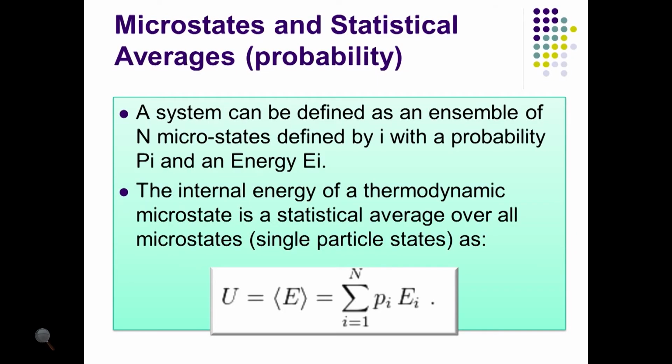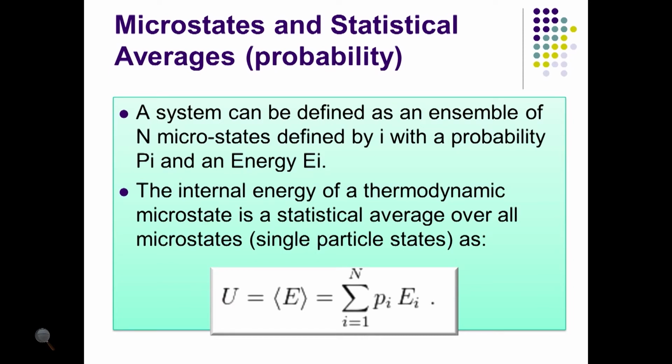So, if you look at the microstates and the statistical averages, which connect with the probability distribution function, it is very simple. A system can be defined, as given in your slide, as an ensemble of n microstates, with i as one of the microstates, i going from 1 to n, and with a probability of p_i.